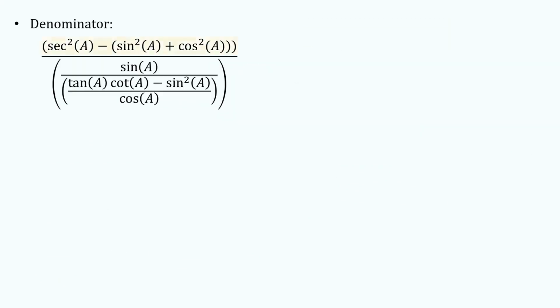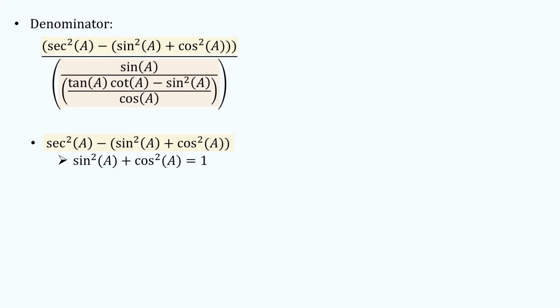Of course, we are going to split up the denominator into parts, the yellow strip and the orange strip. The yellow strip first. We can see that the square of the secant of A is divided by the sum of the square of sine of A and the square of cosine of A. Again, we are going to remember the Pythagorean identity, the square of the sine of A plus the square of cosine of A, which is equal to 1.